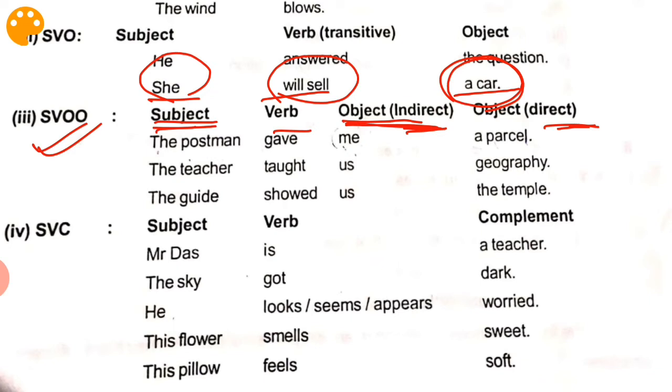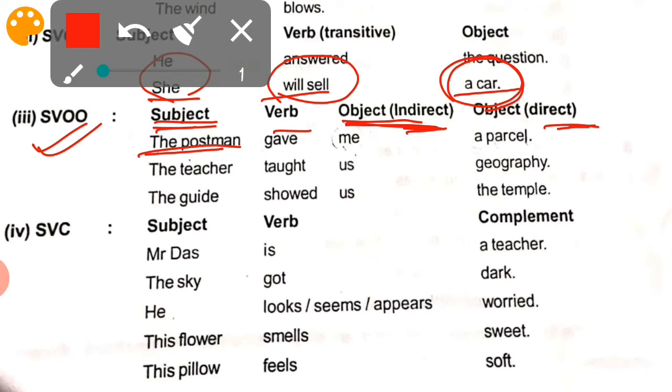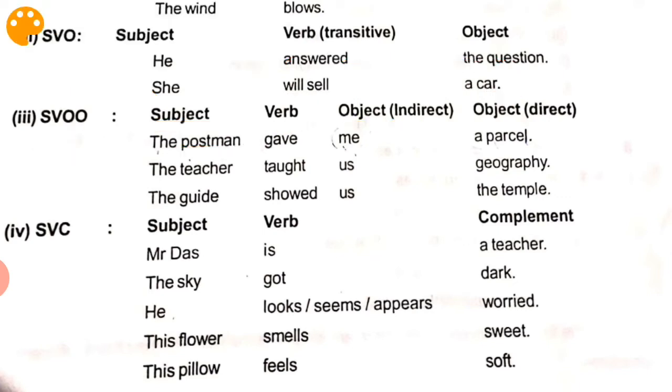The postman gave me a parcel. The postman is the subject here. Gave is the verb here. When we ask a question using what: what did he give? A parcel. To whom? Me.